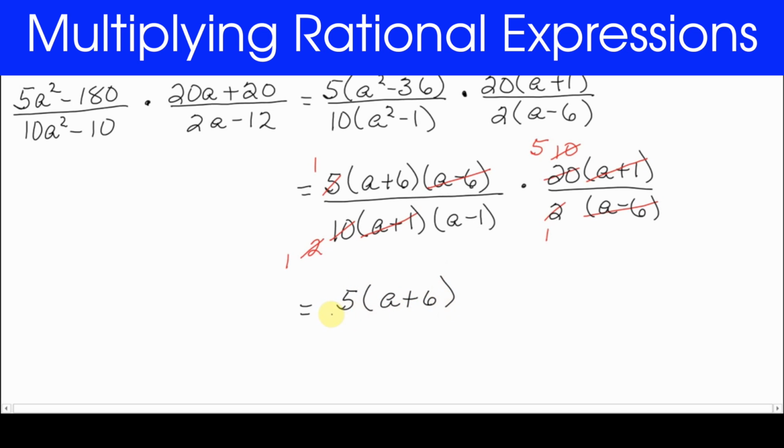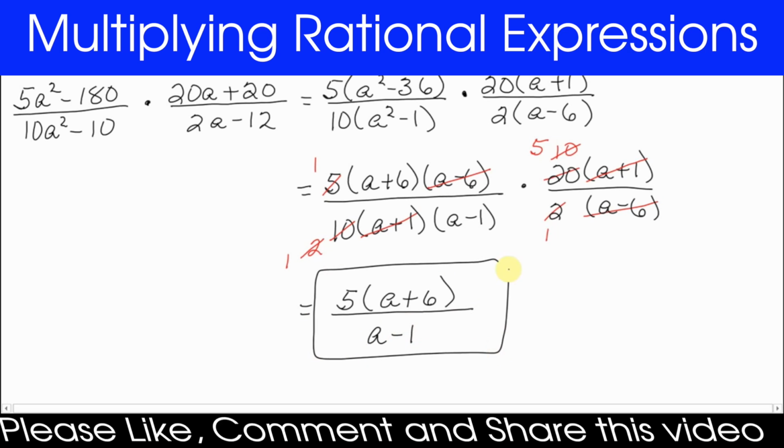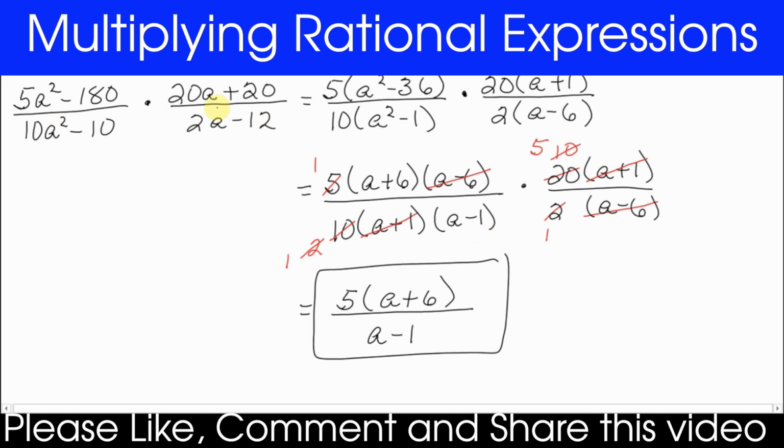Usually we write the 5 first. Over in the denominator, I'm only left with a minus 1. So this is the product of these two rational expressions. Remember, you cannot cancel the a's because this a is hooked with this 6 and this a is hooked with this minus 1, so you would have to cancel the entire thing.